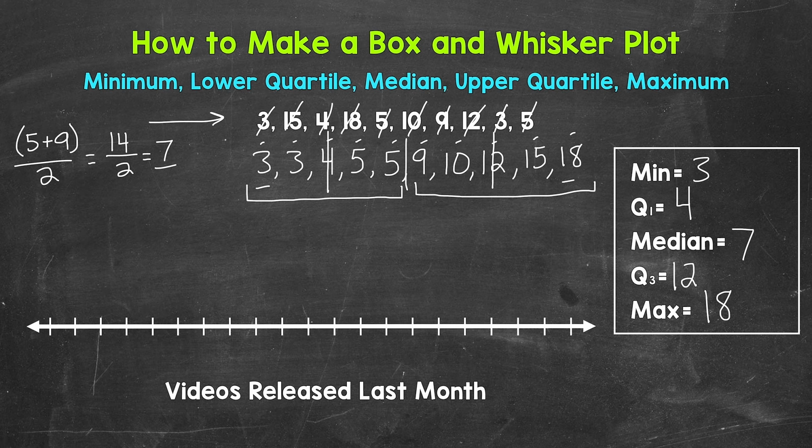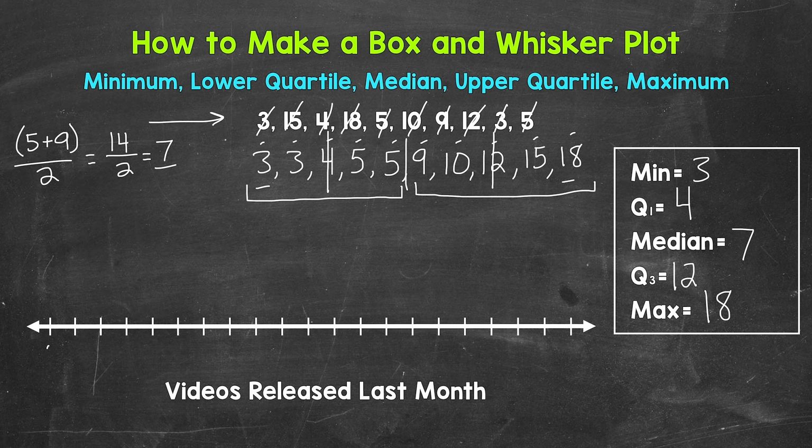We need to start by creating a number line. Our minimum is 3 and maximum is 18. So let's start at 0 and count to 20. That will include everything we will need. Now, depending on the data you are working with, you can adjust the number line. But for this example, again, 0 to 20.